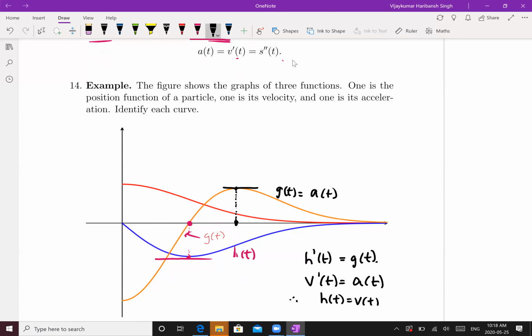This blue one is your v of t. Right? And then you can see that this function f of t is going to be s of t, which is the displacement. Right.